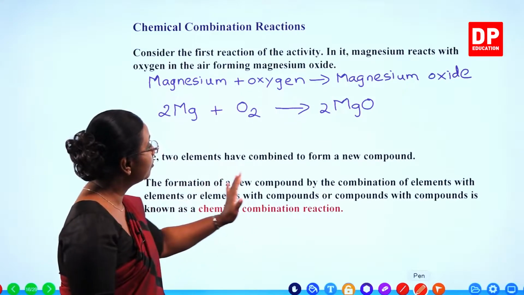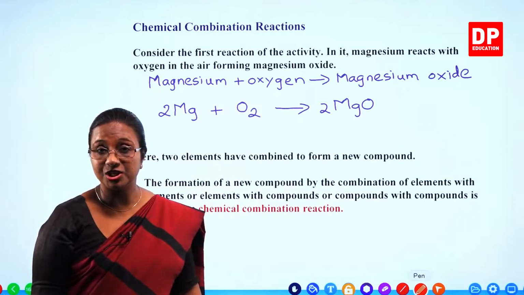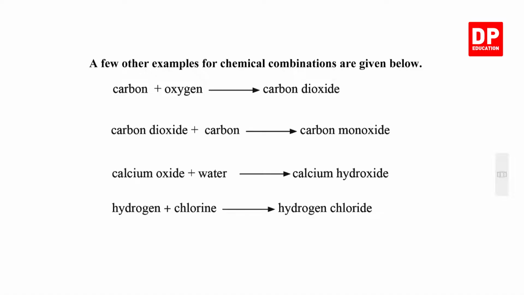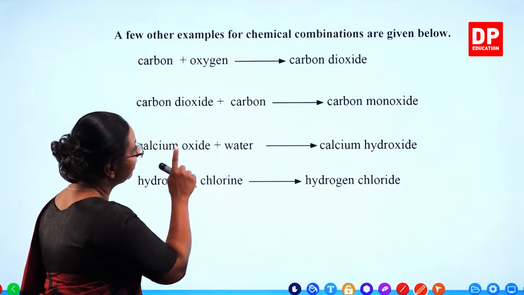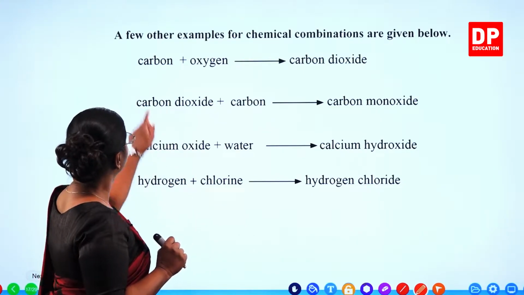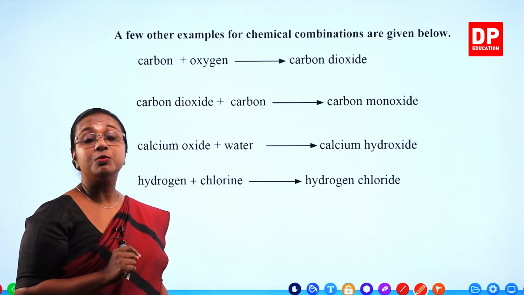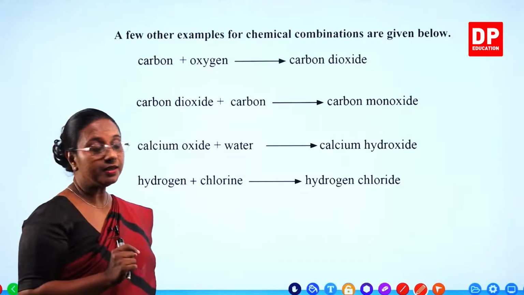Now we will look at some more examples under chemical combination reactions. A few other examples are given below. Carbon and oxygen giving rise to carbon dioxide. What type is that? Both carbon and oxygen are elements. Elements combine and form the product.